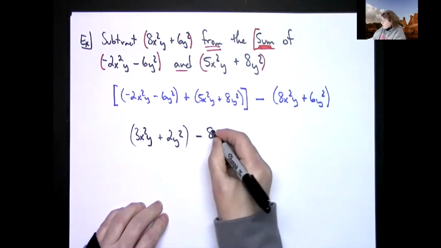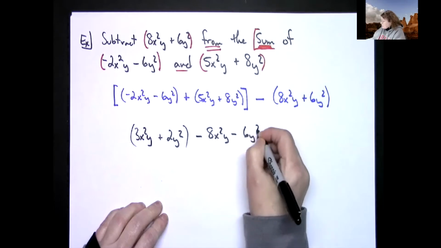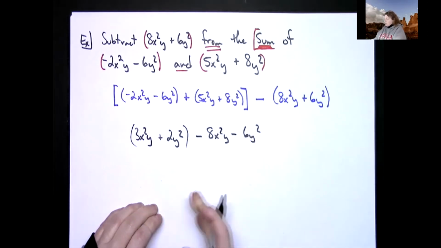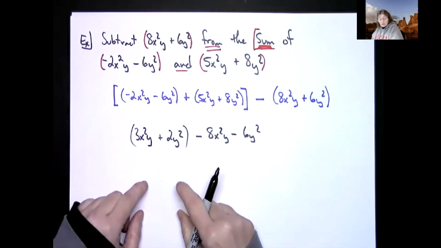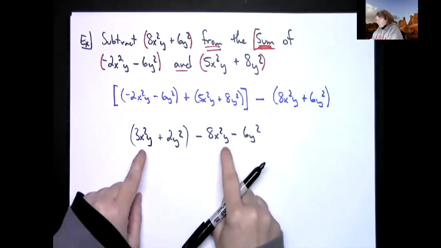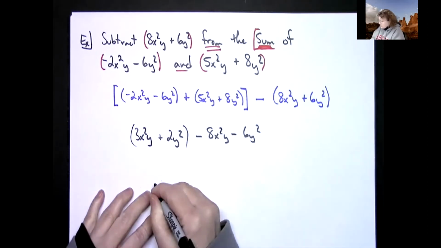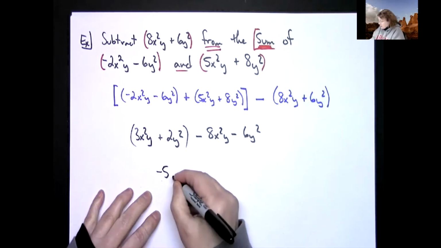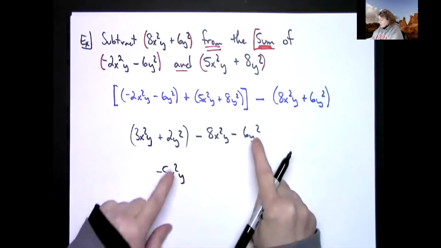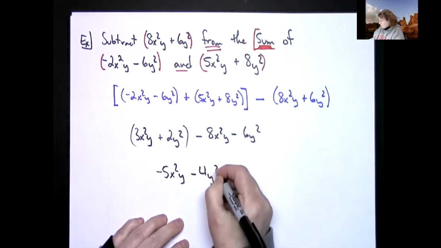So minus 8x squared y minus a 6y squared. At this point, even though I did put that set of parentheses around there, I really didn't need to because I'm ready to put my like terms together. These two things are together, so that'll be a negative 5x squared y. These two will be a minus 4y squared.